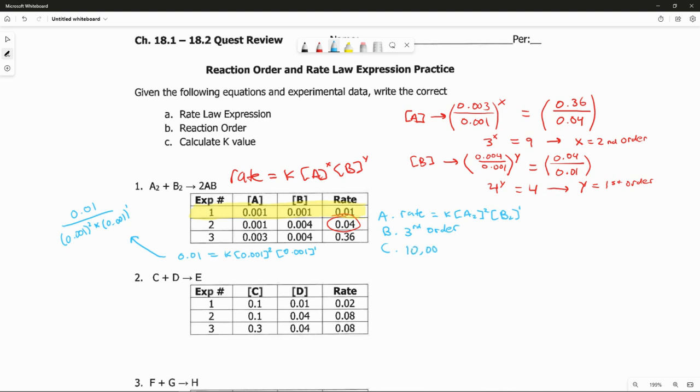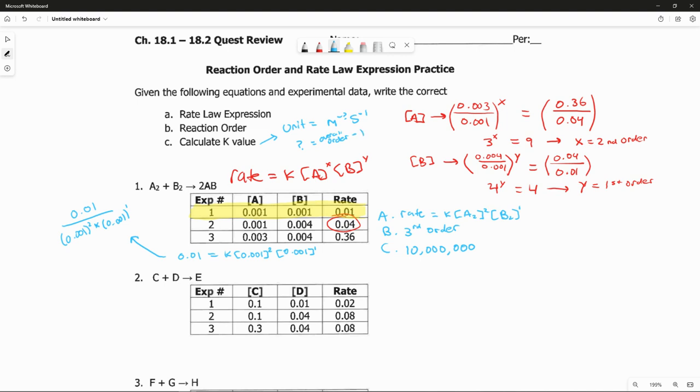And the units for this, the key thing is the unit is always going to be M to the negative question mark, S to the negative 1. Question mark equals reaction order, the total overall order, minus 1.